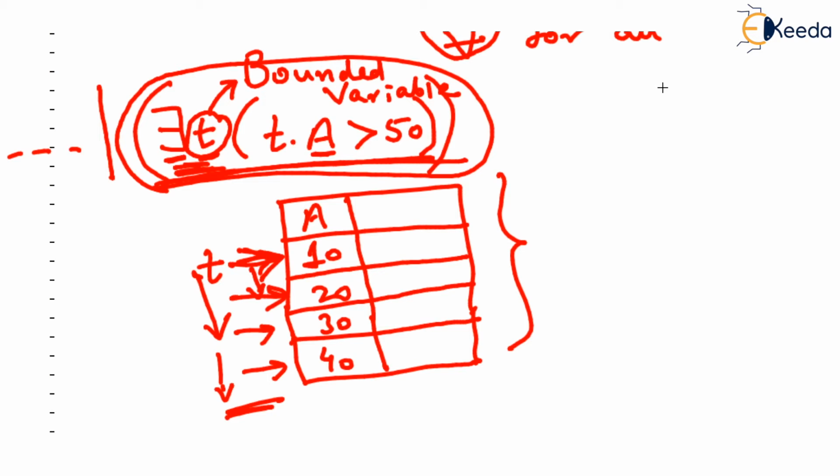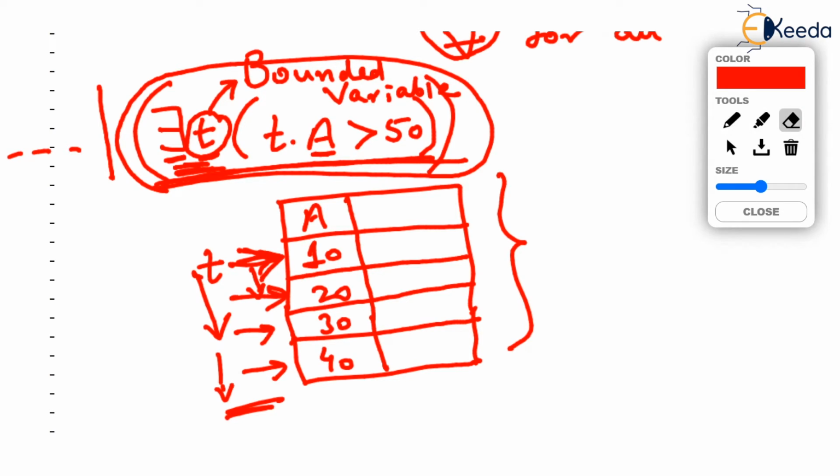Now why it is called bounded is because the announcement of whether this part of the condition should be true or false cannot be made on the basis of a single tuple. I hope you are understanding what I am saying. Just check again why it should check the entire relation before telling whether this is true or false.